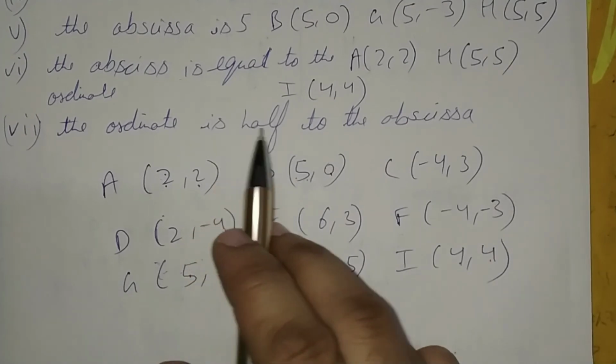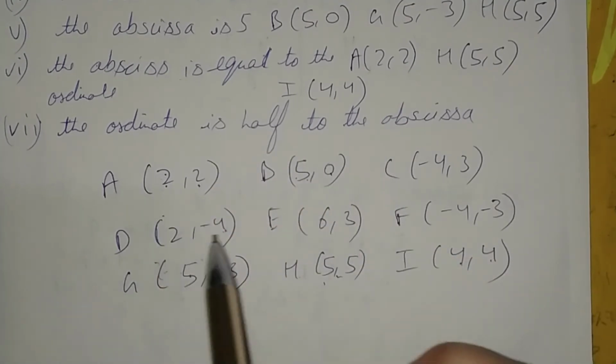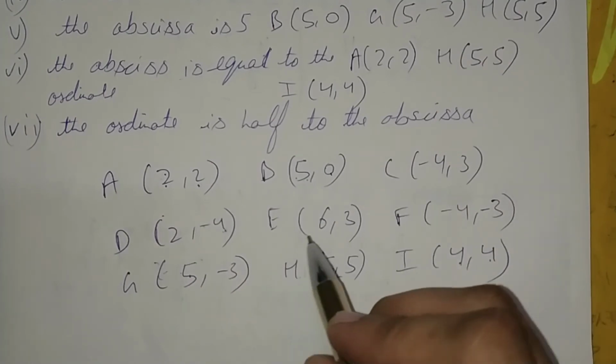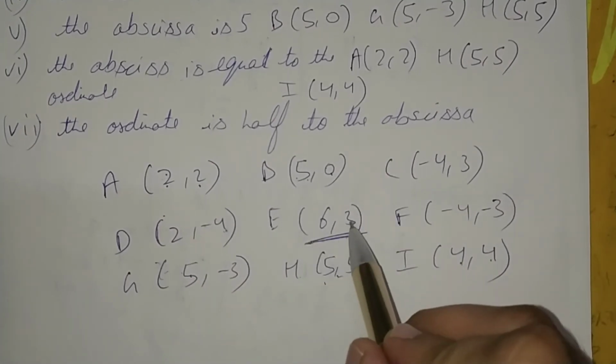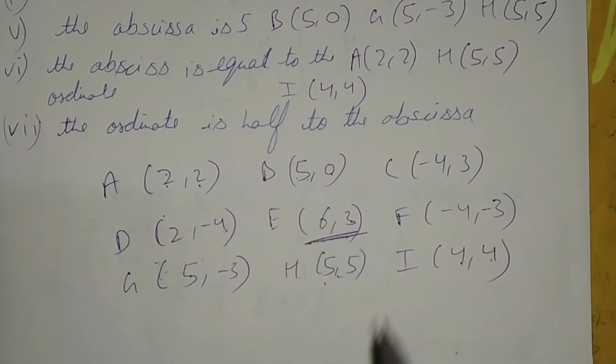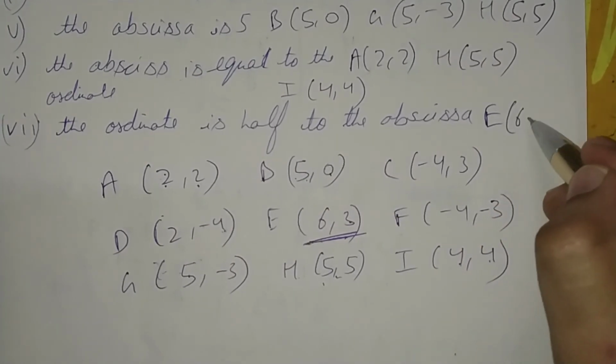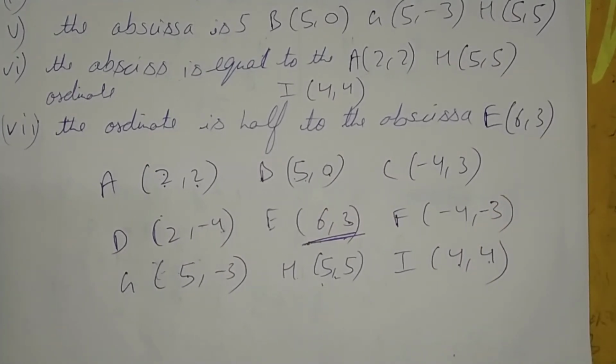Next, ordinate is half to the abscissa. So ordinate should be half, that is x-axis half. So this is a point. Here what is y-axis? 3, x-axis 6. So ordinate is half. We will check if there is any other point. So E is the point where ordinate is half the abscissa.